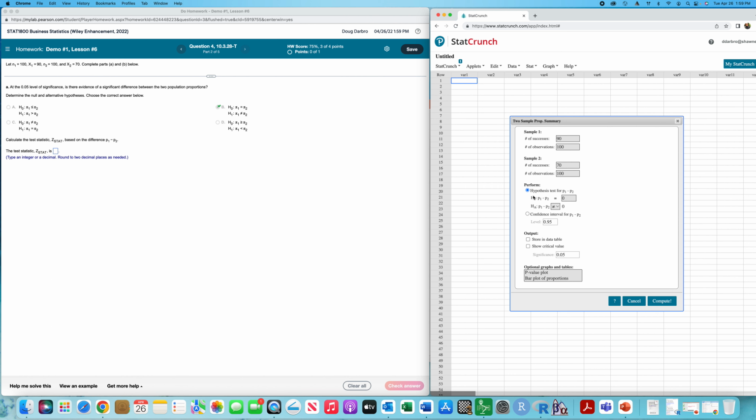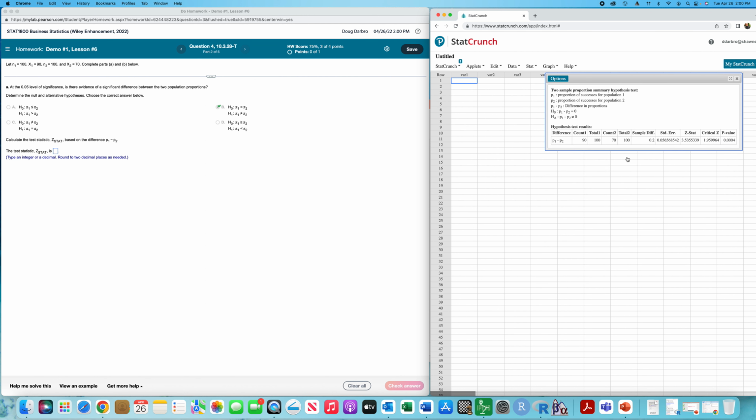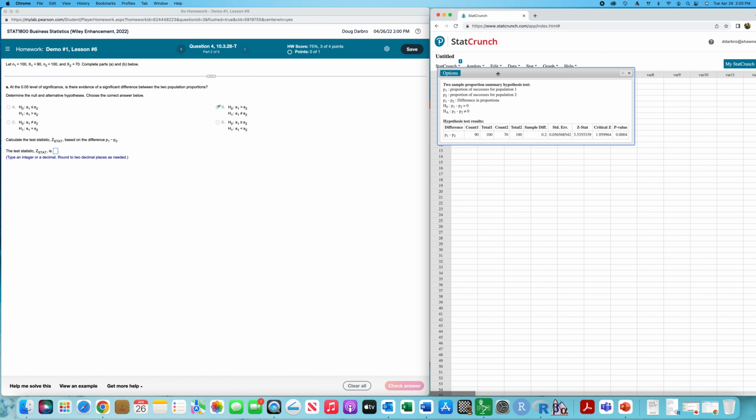So our null hypothesis, P1 minus P2, again, same thing as pi 1 minus pi 2. Show our critical value, we're testing at 0.05. So let's compute. So the test statistic is rounded to two places, so 3.54.